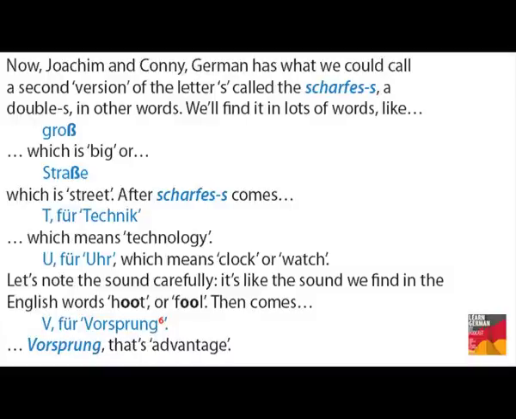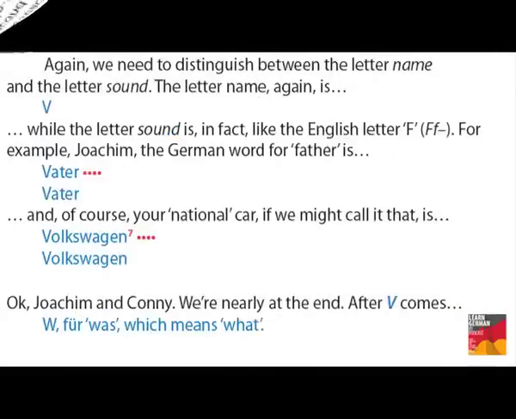Then comes V für Vorsprung. Vorsprung, that's advantage. Again, we need to distinguish between the letter name and the letter sound. The letter name again is V, while the letter sound is in fact like the English letter F. For example, Joachim, the German word for father is Vater.